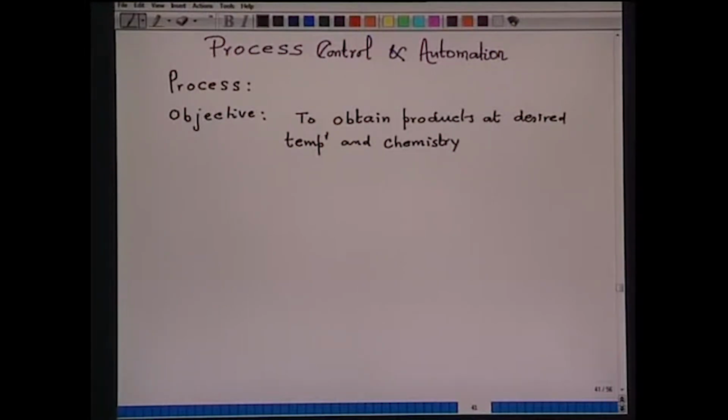So, what we have to do for this? For that purpose, we have to control the process.